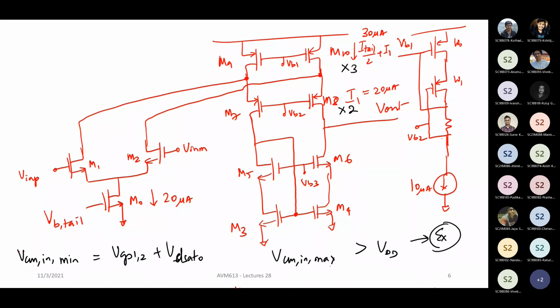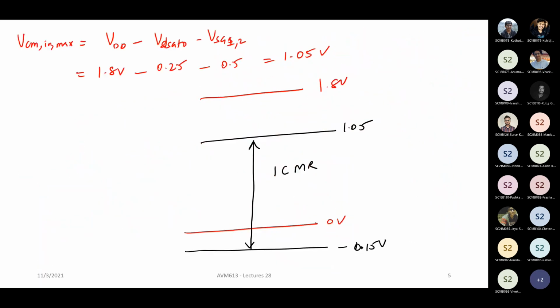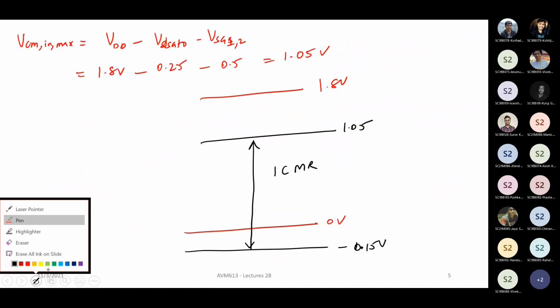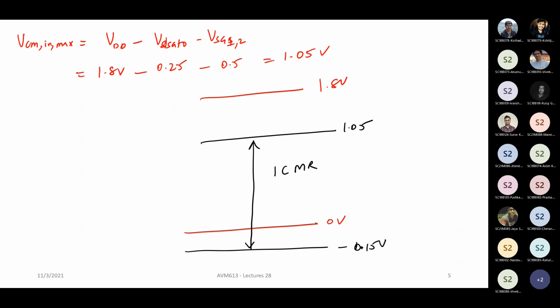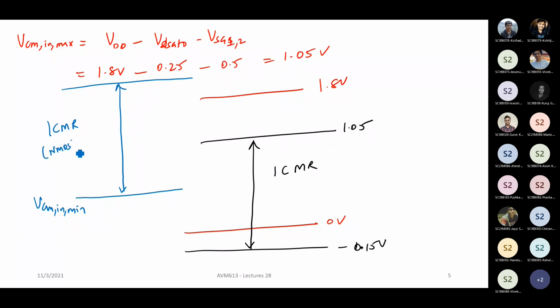So in other words, if I were to draw on the same scale in the same diagram, I have some kind of a VCM in min, and then my VCM in max will be even above supply voltage. So this is my input common mode range for a NMOS input pair, whereas on the right hand side, this is for my PMOS input pair.